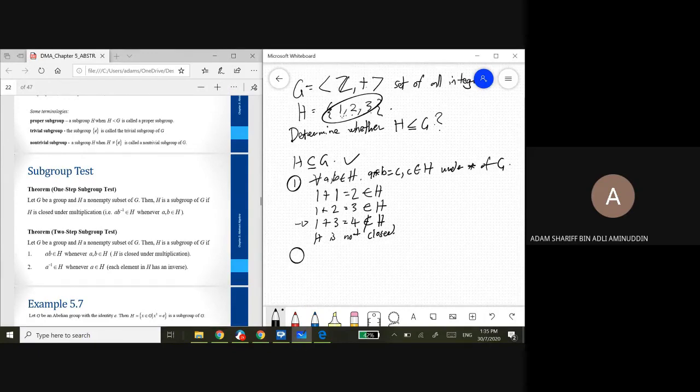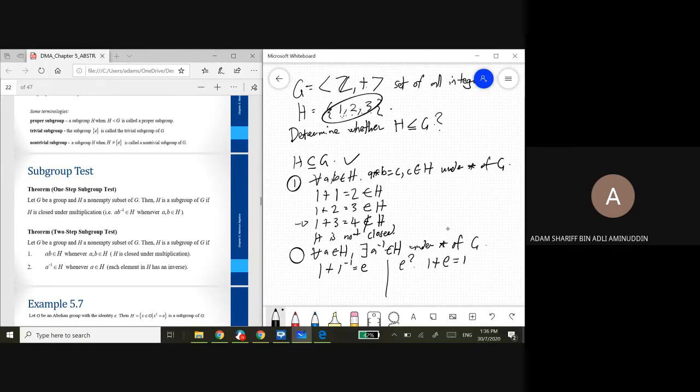identity? No, inverse. For every A in H, there must exist some inverse that is also in H under the context of binary operation of G. Okay, this question is interesting because in this H, what is the inverse of 1 plus 1? So we need to know first what E is. What is E? Is there an E such that 1 plus E, you get back 1?